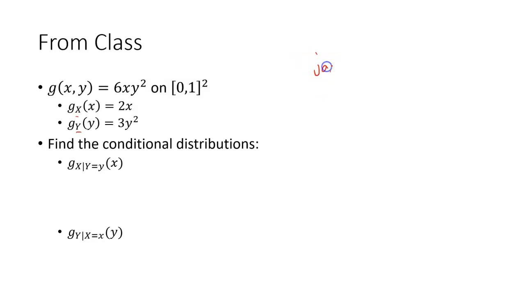Remember, conditional is always joint, so both, divided by the marginal that I know. For the first one, I know y. So I'm going to take the joint, which is 6xy squared, and I know y, so I'm going to divide by the marginal distribution of y. And we end up at 2x.